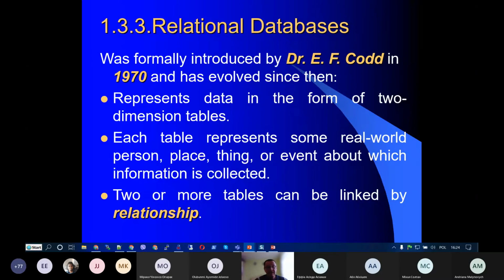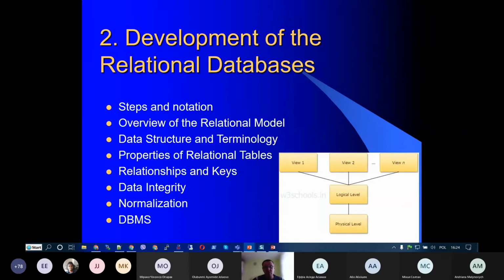Each table represents a real-world object, so we have a strict relationship between a table and some entities. Information about these entities is represented and stored in this table. And we also have the concept of relationships between tables, which is introduced by values of specific attributes which have a specific purpose and are used only for relationships.